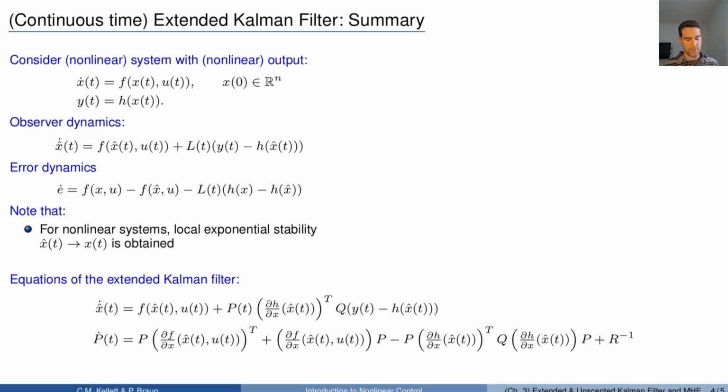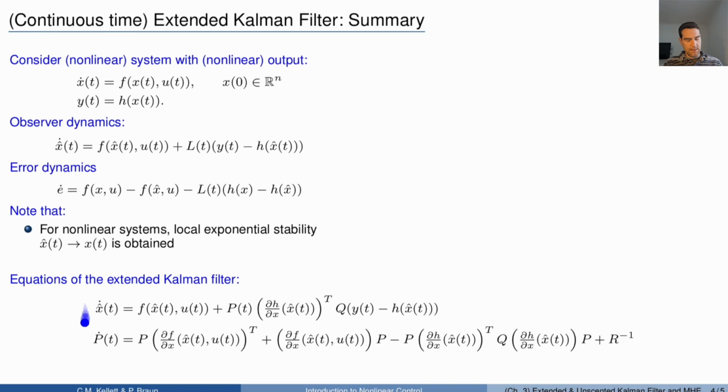And additionally, we need to solve the differential Riccati equation, which is an n by n matrix equation, depending here on the linearization. So that was our matrix A of t, again A of t, and then C of t, and Q and R are design parameters, meaning positive definite matrices, which we can design.